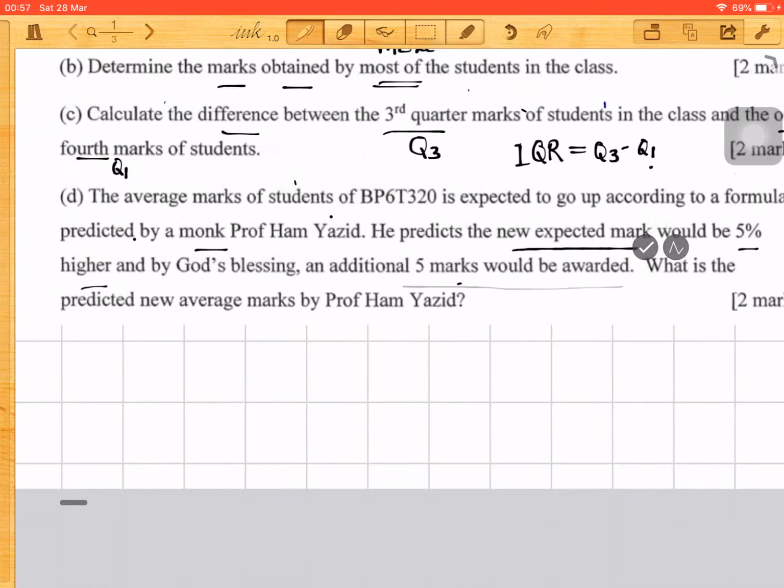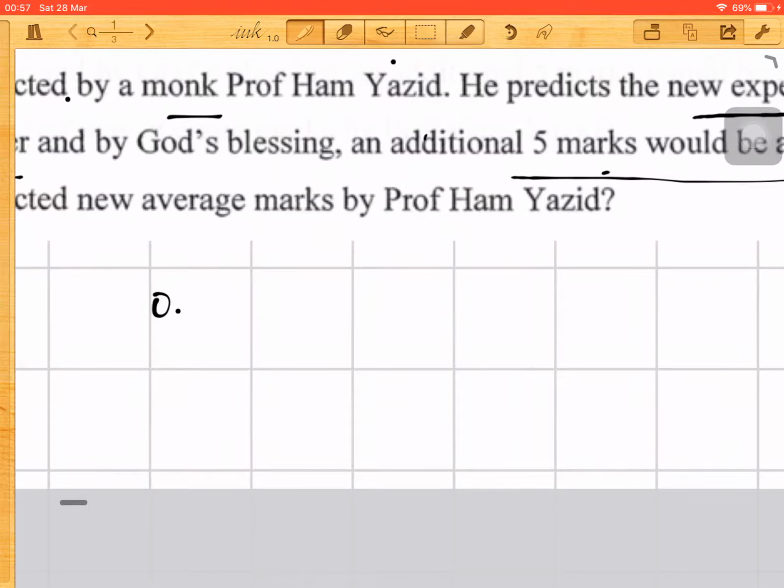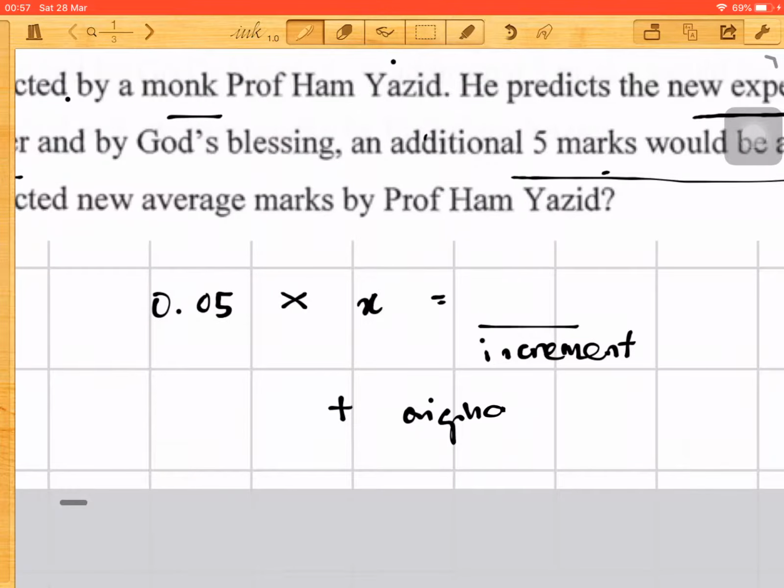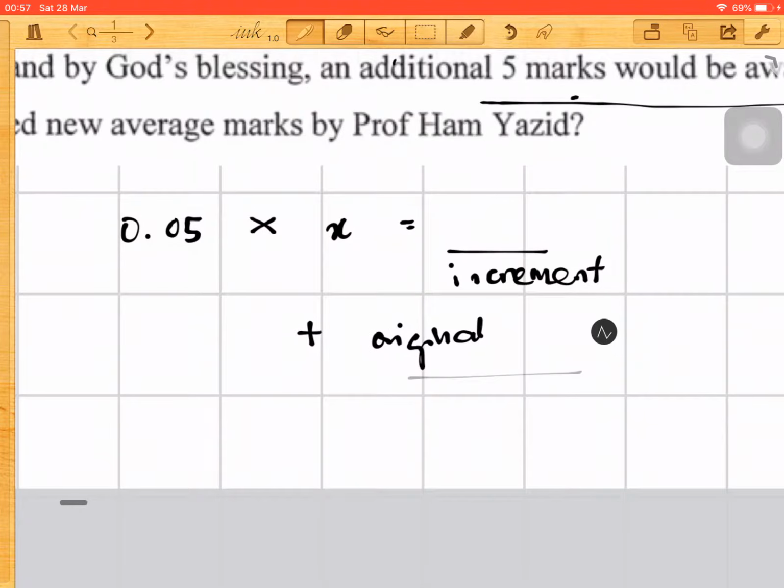First, you have to understand 5% higher means 0.05 higher. So 0.05 times whatever marks that you get is actually your increment only. But you have to add it with the original one and then to get your new marks.